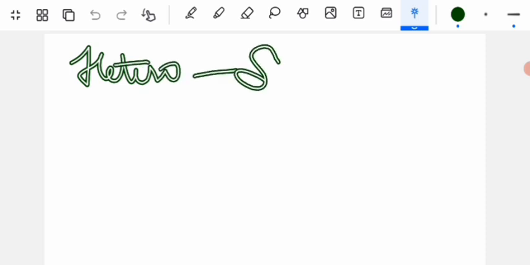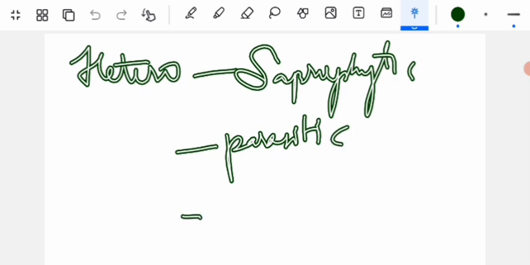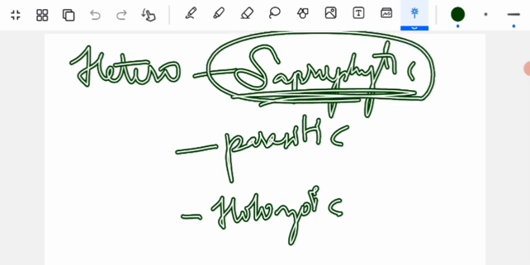Okay, the heterotrophic has three types. Which are they? One is saprophytic, the second is parasitic, and the third is holozoic. Saprophytic means the organism which depends on dead and decaying things.